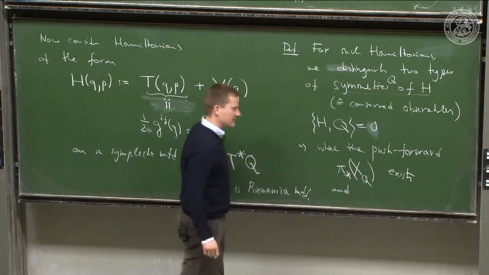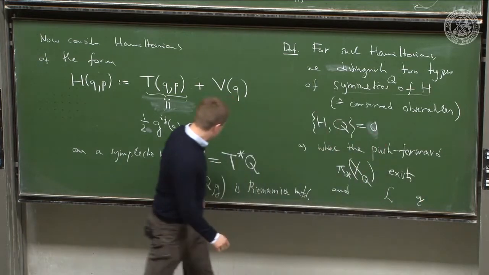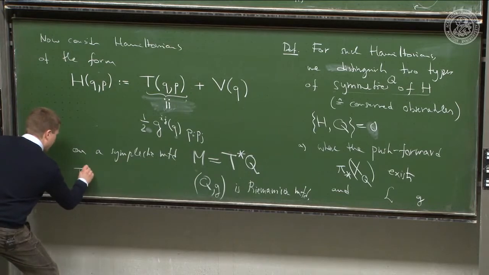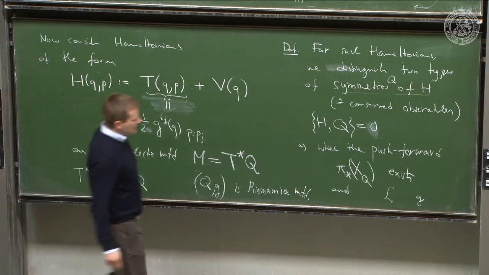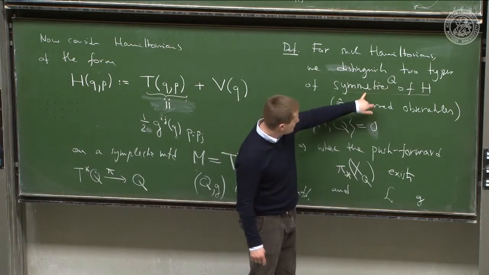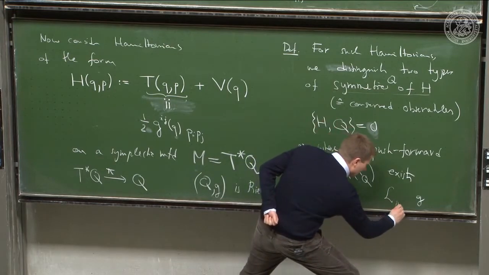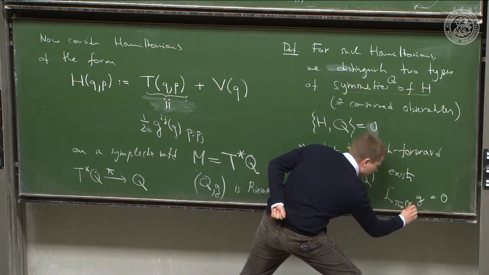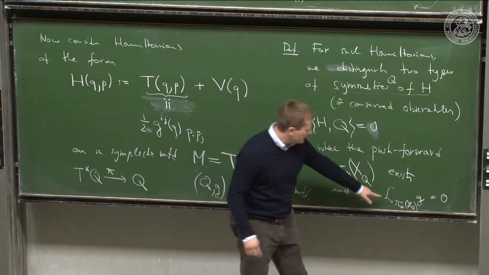And because it exists, I can require that the Lie derivative of the metric on the manifold down here, you see what we're doing, if M has this structure, then of course I have the standard bundle projection from the cotangent bundle down to Q. If the push forward of the Hamiltonian vector field with respect to the symmetry of H, type A, exists and it's a Killing vector of G, that means the Lie derivative with respect to it of the metric, which of course lives down there, is 0.